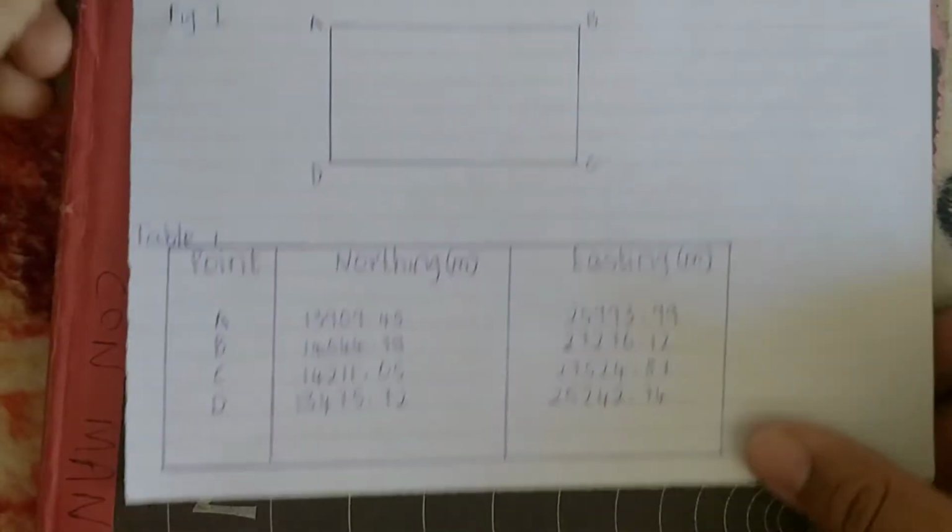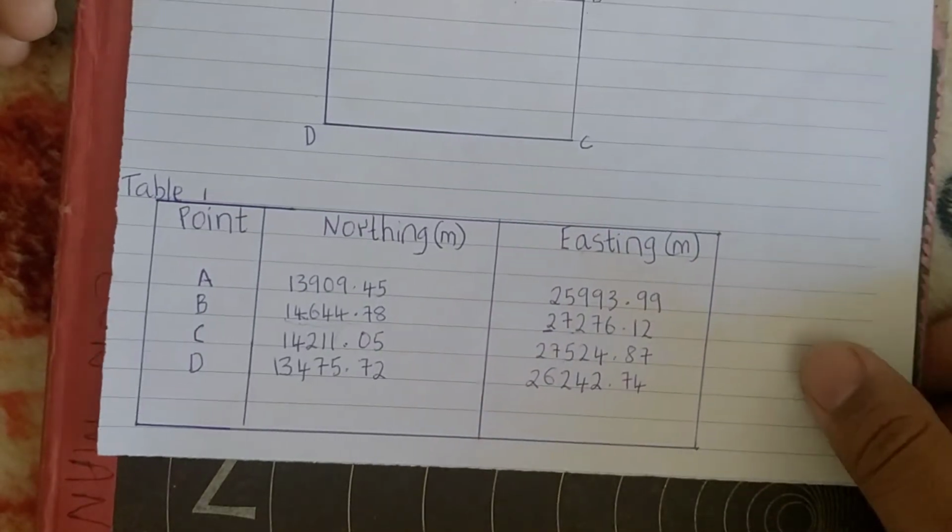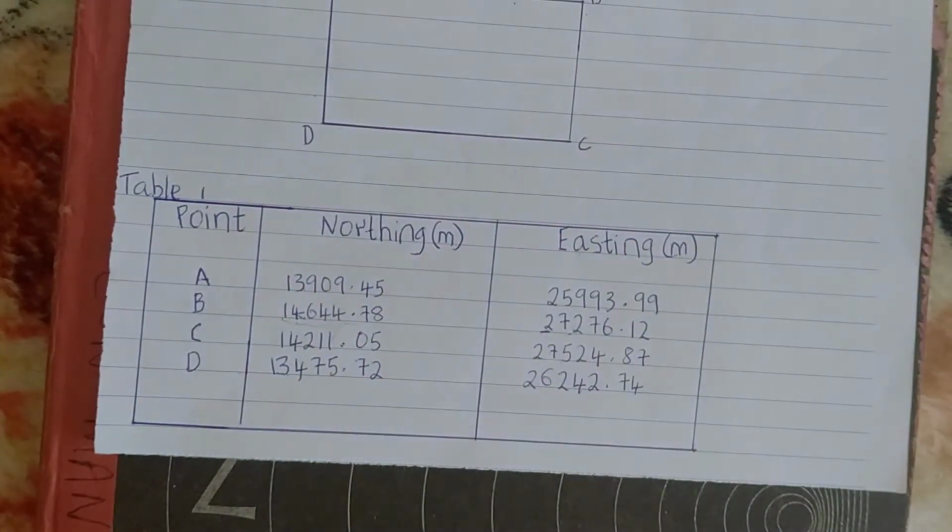So you can have a look at table 1. Point A has northing of 13,909.45 and easting of 25,993.99. Point B has northing of 14,644.78 and easting of 27,276.212.